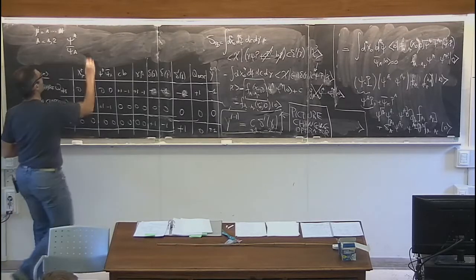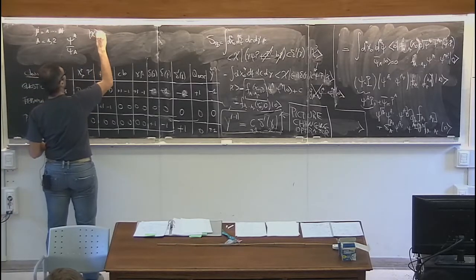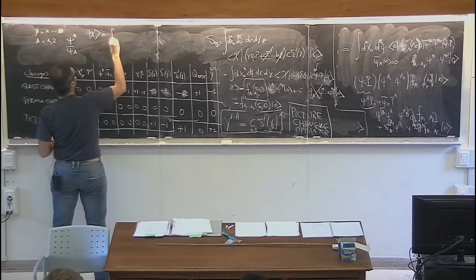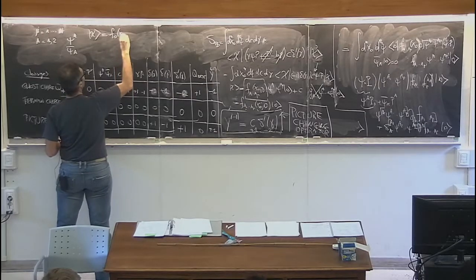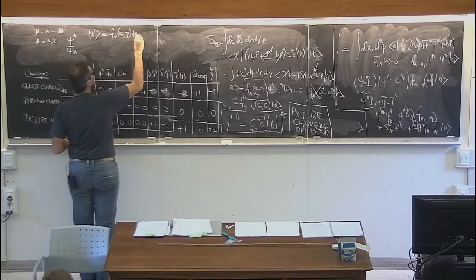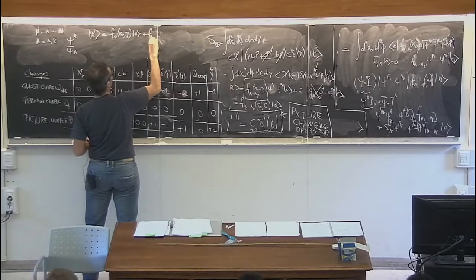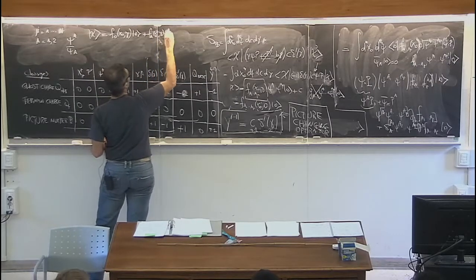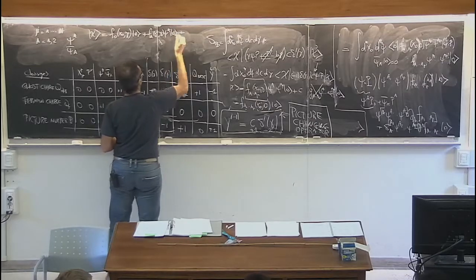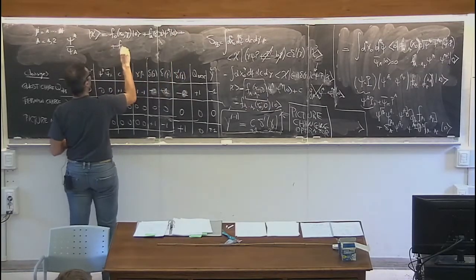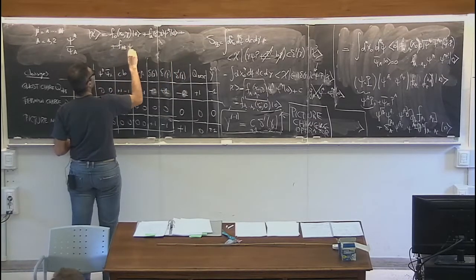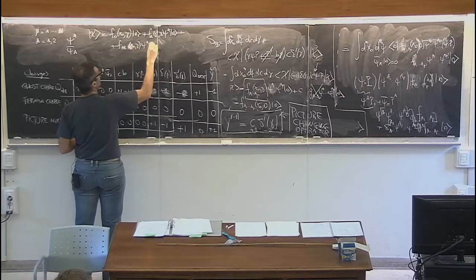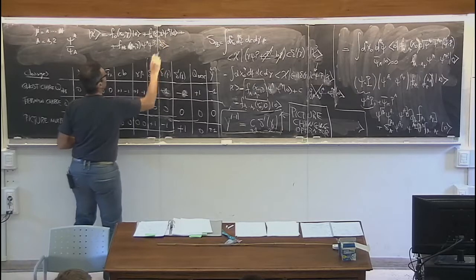So this means a generic field can be written as f naught of x and of course gamma times this one. And then I will have f a of x naught and gamma, psi a, times this one, plus f ab of x naught and gamma, psi a psi b, times this.